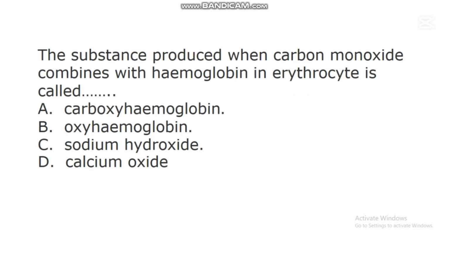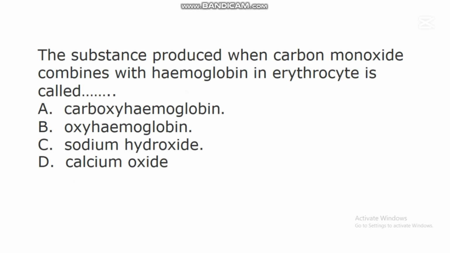The next question says, the substance produced when carbon monoxide combines with hemoglobin in erythrocyte is called dash. A. Carboxyhemoglobin, B. Oxyhemoglobin, C. Sodium hydroxide, D. Calcium oxide.